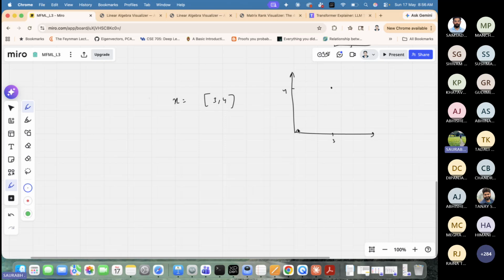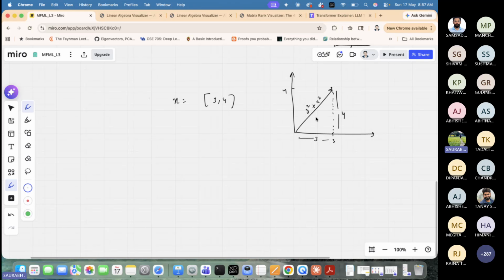If this is 3 units and this is 4 units, you already see that this is the hypotenuse, and using the Pythagoras theorem, you can directly write the length of this hypotenuse as 3 square plus 4 square. So the squared length of this arrow is 3 square plus 4 square.